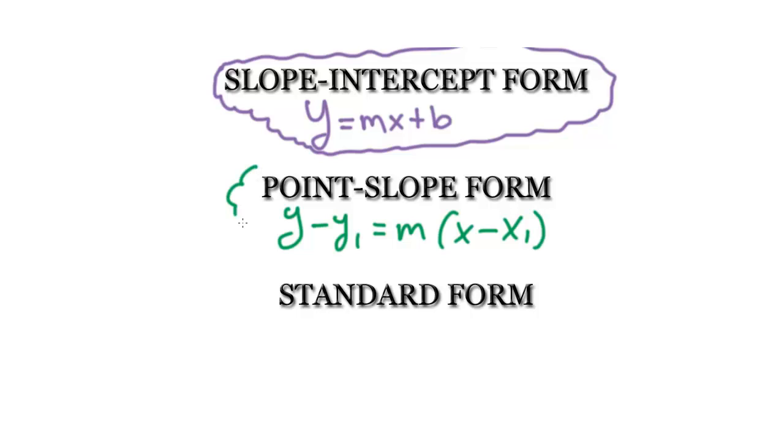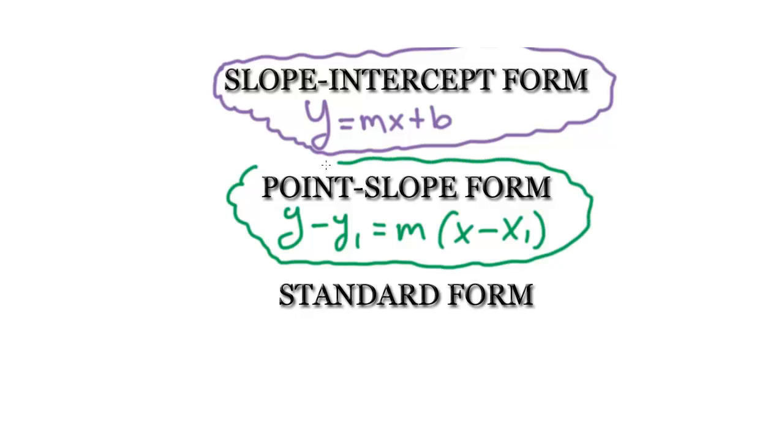So that's the point-slope form. And the next one we looked at was the standard form, which was ax plus by equals c. Right, so that's the standard form.